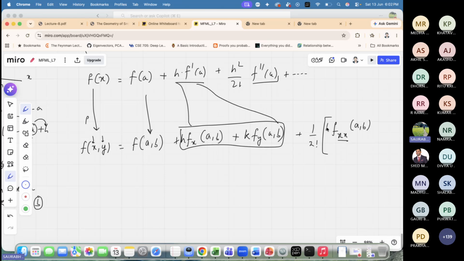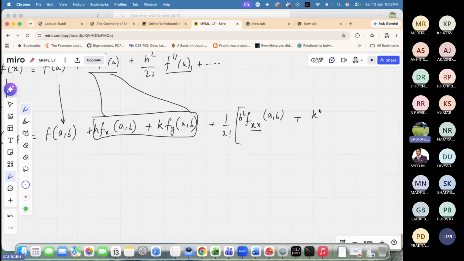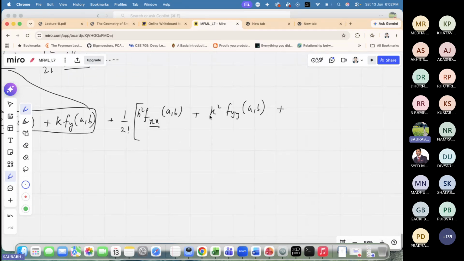Here we will have h square, plus k square f_yy at (a, b), plus you would have cross derivatives as well. First differentiate the function with respect to x, then with respect to y. So you'll have f_xy at (a, b), and the terms would be hk. This is what you'll eventually get to.